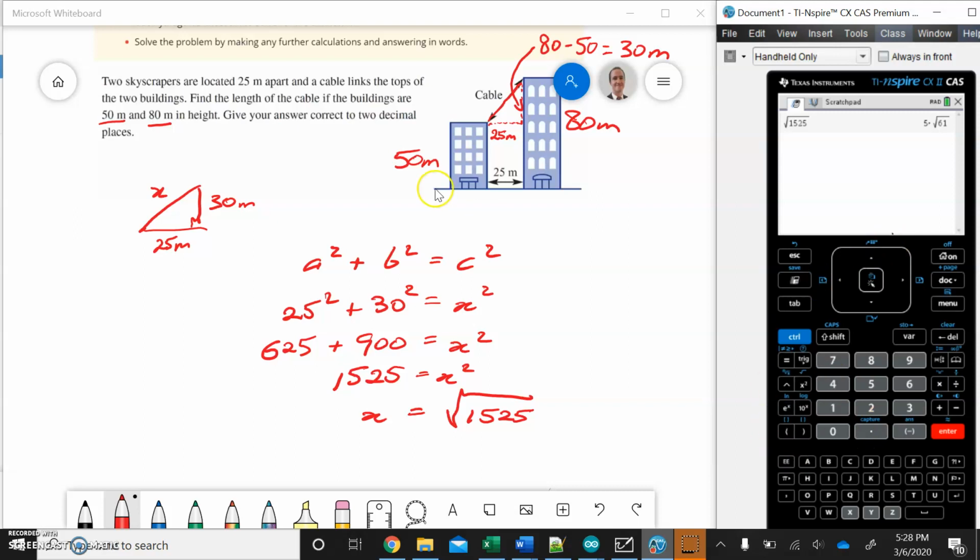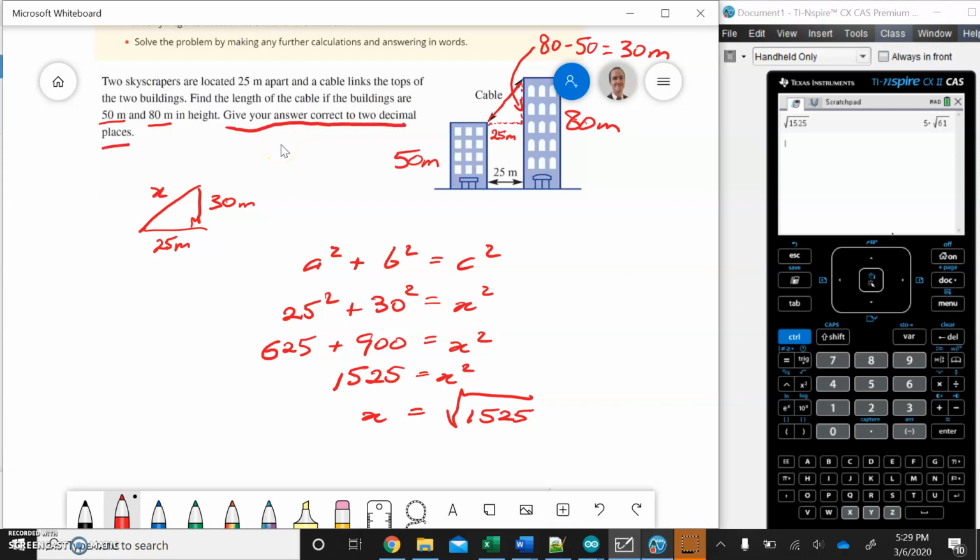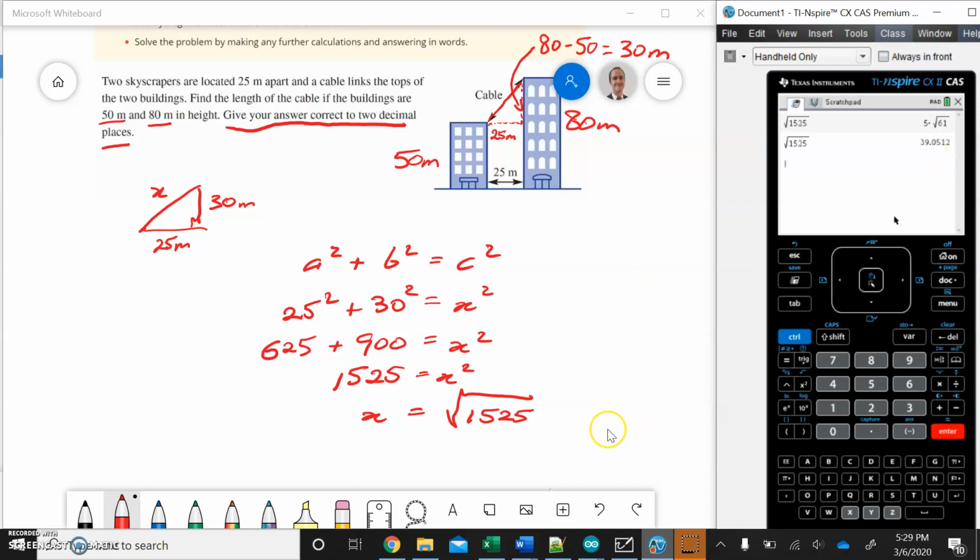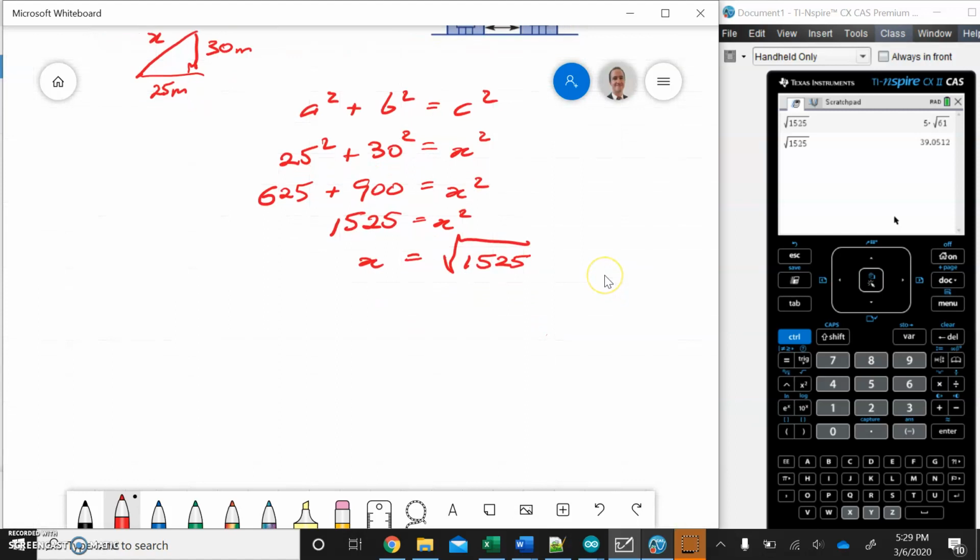But the question has asked us to give our answer correct to 2 decimal places. So if we want to get that to a decimal, we can press Control and enter. And that gets us to our decimal answer, which is 39.05, and that's in meters.